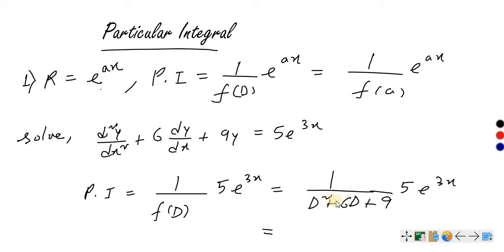I will substitute the value of 3 here and let us see what we get. 5 is a constant, so I can take it outside, and we have 1 by 3 square plus 6 into 3 plus 9, e to the power 3x, which is equal to 5 e to the power 3x divided by 9 plus 18 plus 9, which is 36.